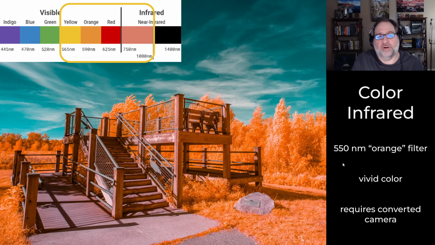If you go lower to, say, a 550 nanometer filter, which is sometimes called an orange filter because the filter itself looks orange, not necessarily the resulting image, this is actually capturing yellows as well. So it's really expanding the amount of visible light that's captured, and these images shot with an orange filter produce really vivid saturated colors. So if you're really into color saturation, then an orange 550 nanometer filter is the way to go.